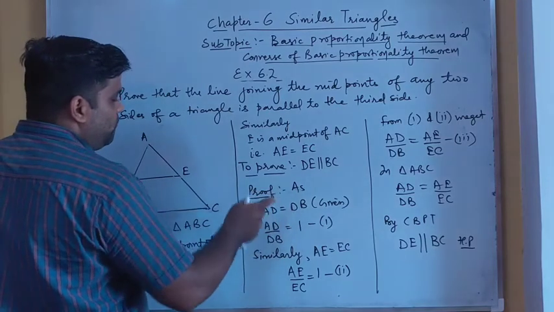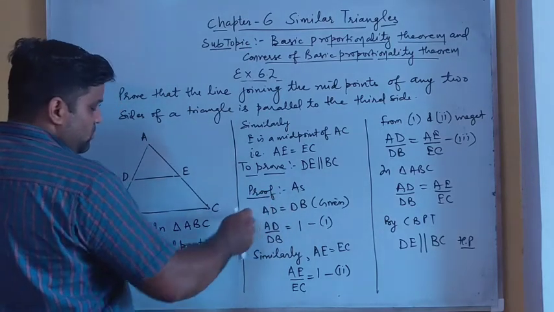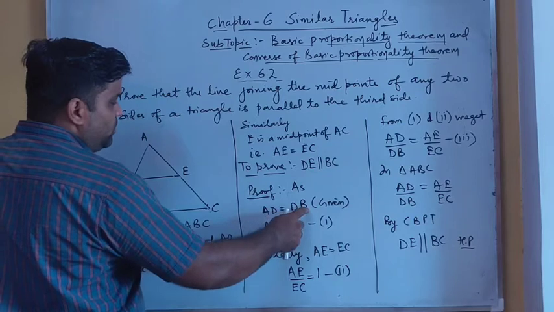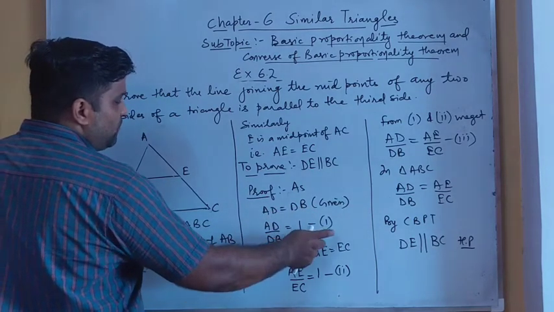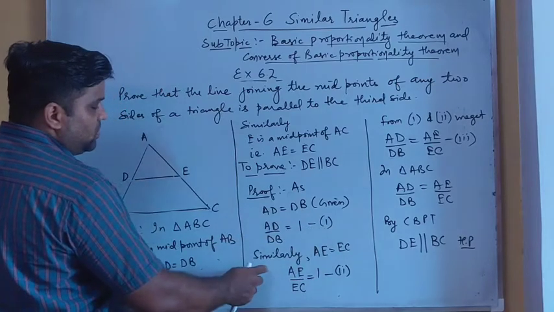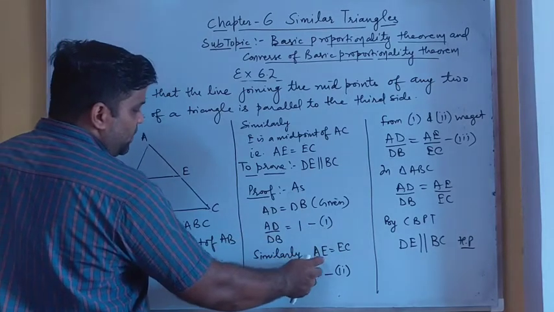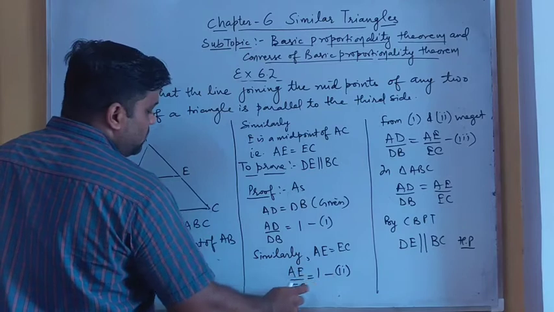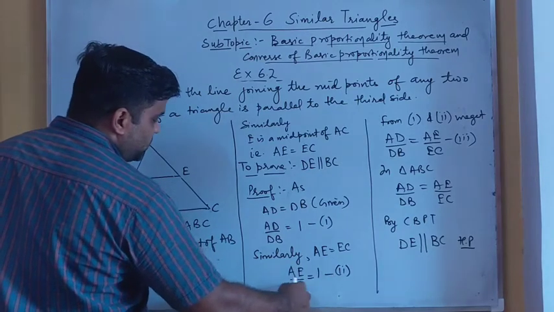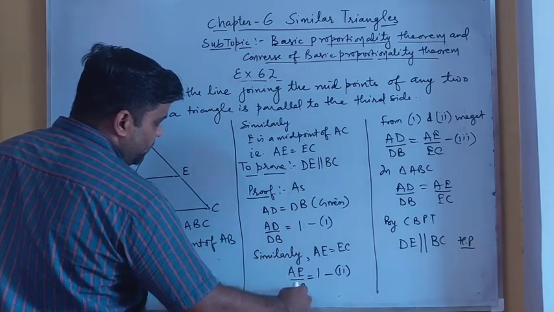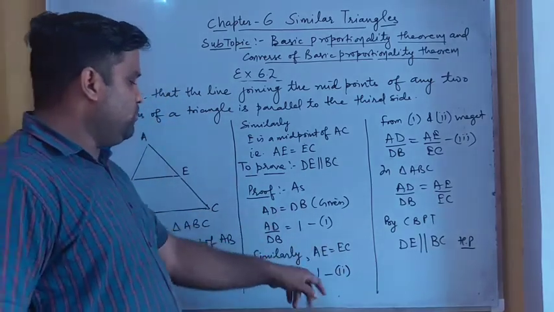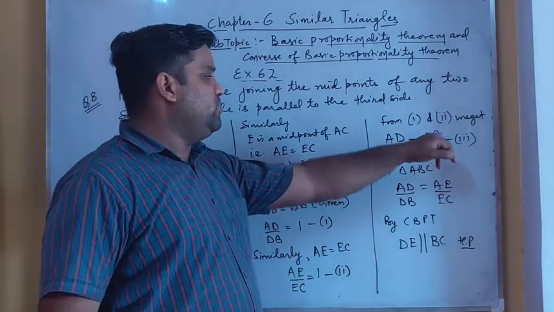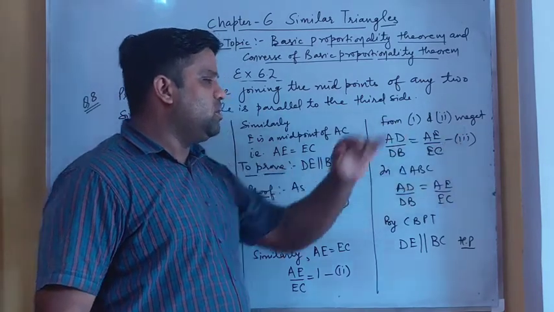So in the proof, as from given AD is equal to DB, on dividing by DB both sides we get AD upon DB equal to 1, and we consider it as equation number 1. Similarly from given we have AE is equal to EC, and on dividing by EC both sides we get AE by EC equal to 1, and we consider it as equation number 2. From 1 and 2, on comparing we get AD by DB equal to AE by EC, and we consider it as equation number 3.